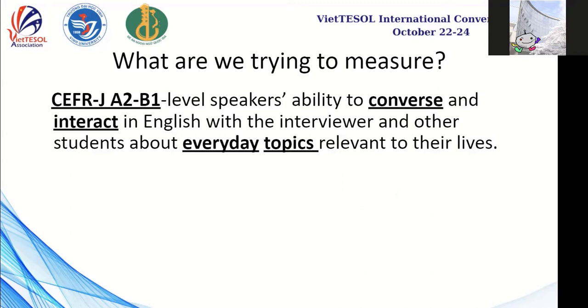First, I want to give an explanation of the CEFRJ. The CEFRJ is based on the CEFR, and the CEFRJ provides can-do descriptors for English L2 learners and educators for measuring ability on a scale that is more in line with Japanese people's English abilities.